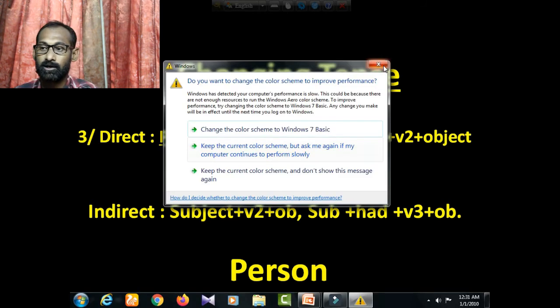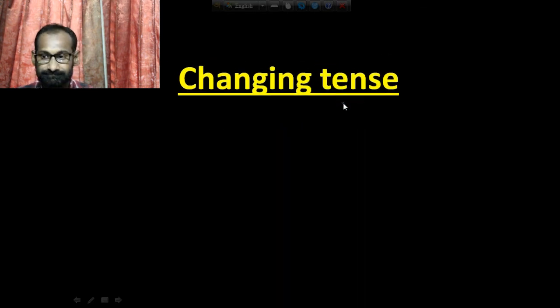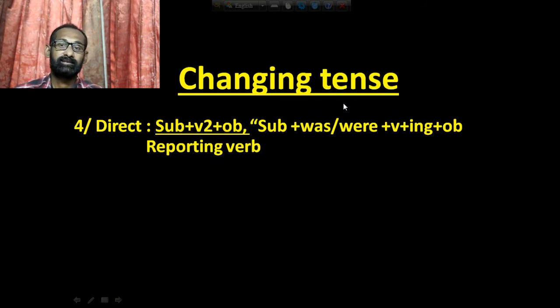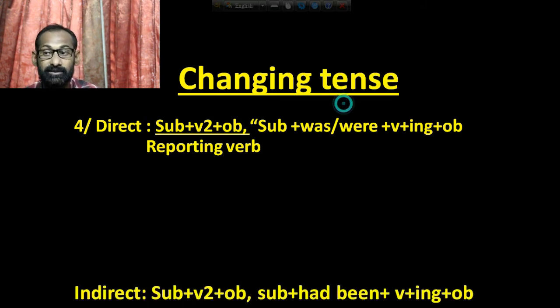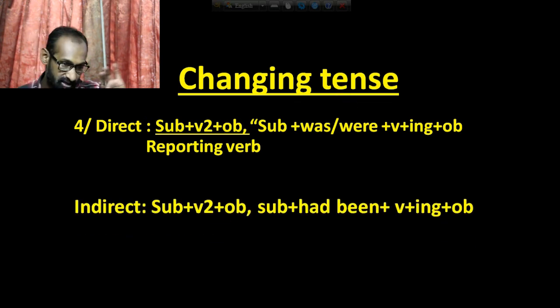Okay, next rule number 4, if you find that the reporting verb is in past tense and reported speech is in past continuous tense, that means if you find that the first part is past tense and the second part is past continuous tense, then you have to make it past perfect continuous.